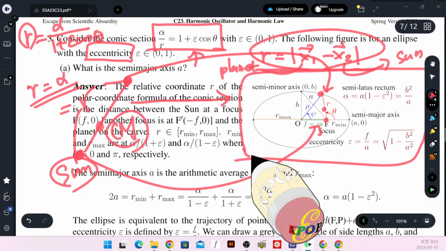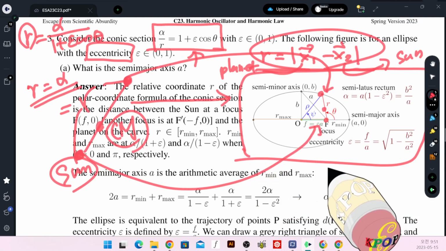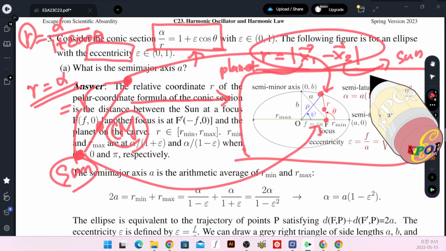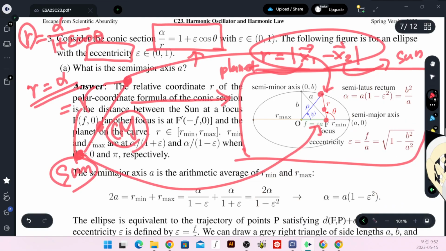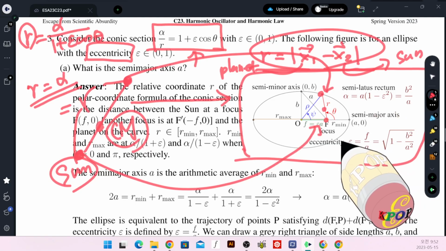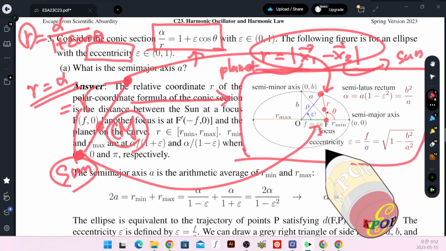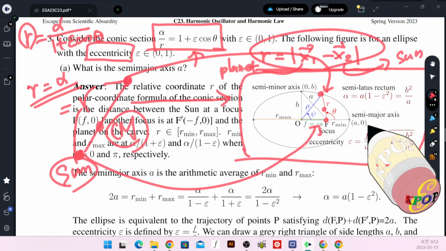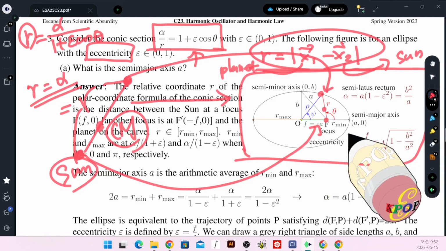This error won't be very large if you even treat this diagram to be drawn in an inertial reference frame, although it is not an inertial reference frame.